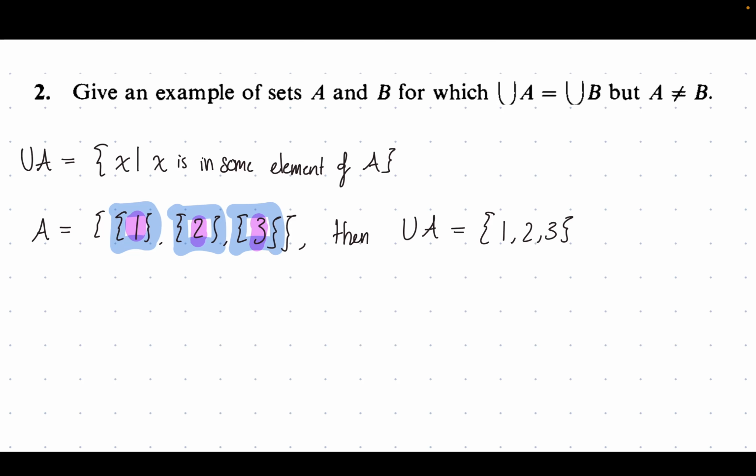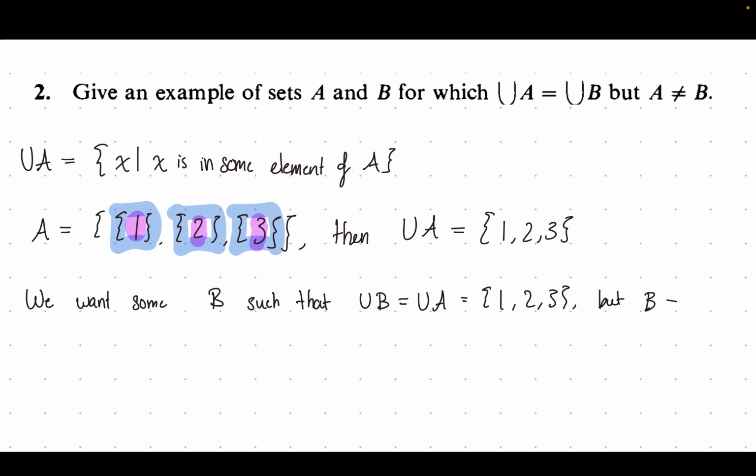So what we want is, now that we have the set A and its corresponding UA, we want some B such that UB is equal to UA, and of course, this is just {1, 2, 3}, but B is different from A.